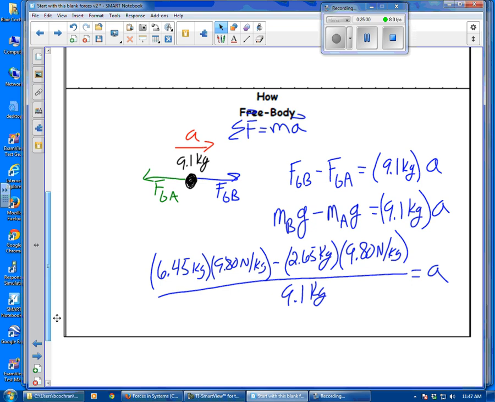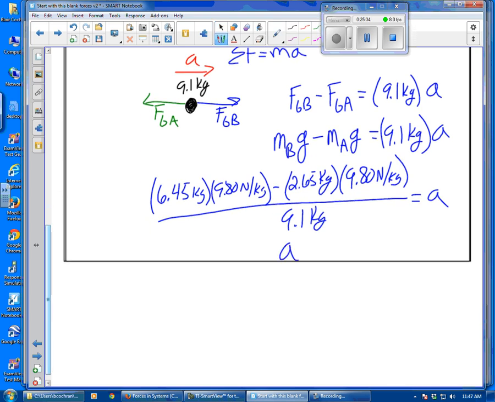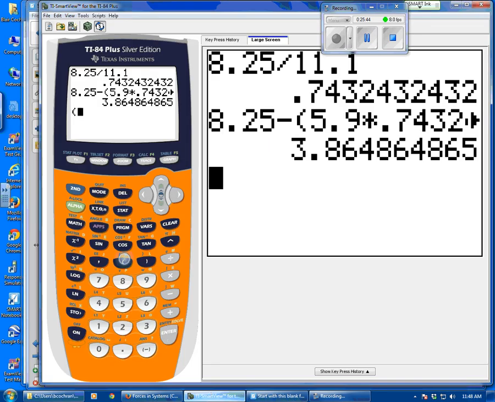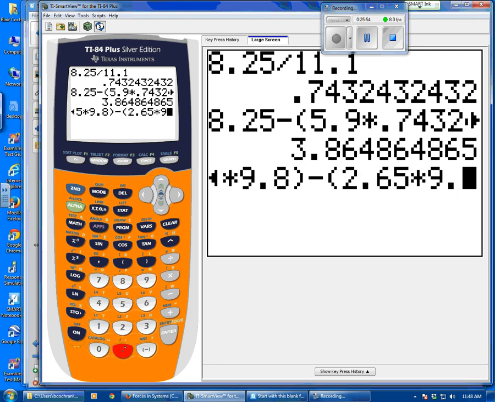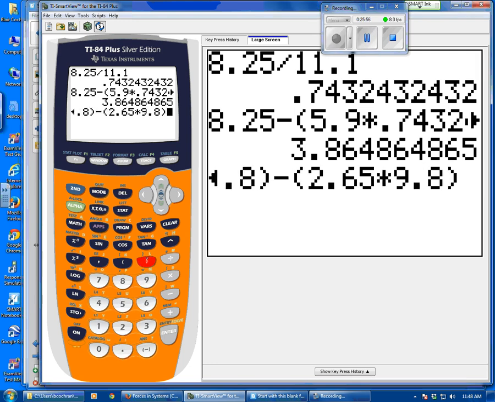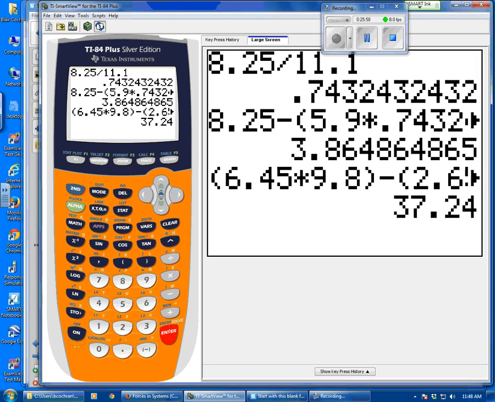And then I find a value here for A now. Well, let's see. Maybe I should find that value. Parentheses 6.45 times 9.8, parentheses, minus 2.65, enter.